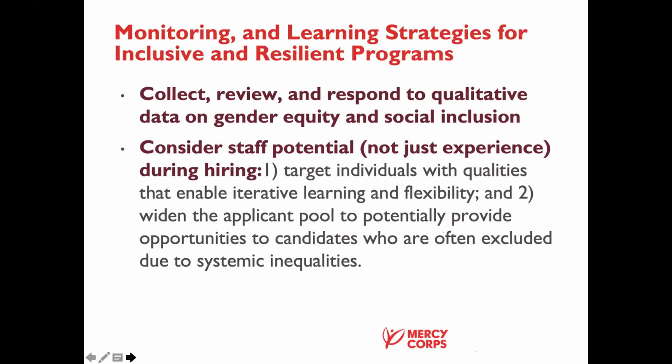And the other thing is always to make sure that we give opportunities to candidates who are often excluded due to systemic inequalities. That is very important, because when you're working with excluded communities, remember, there's been a lot of systemic inequalities, and the importance of reaching out to them.